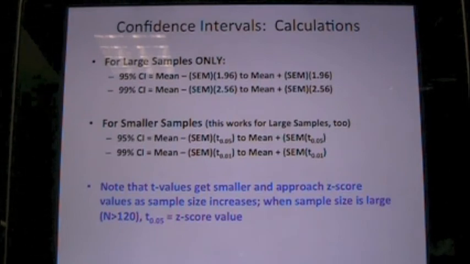Appreciate that the reason you cannot use just 1.96 when you have a sample size of 15, for example, is that the distribution of sample means when the sample size is only 15 is not normal. It is almost normal.